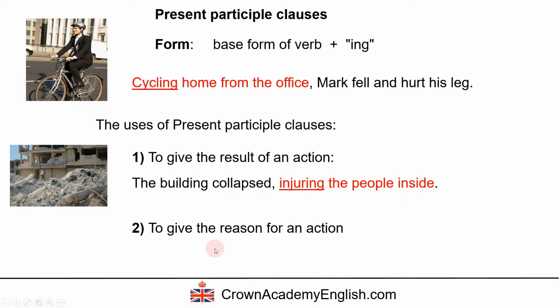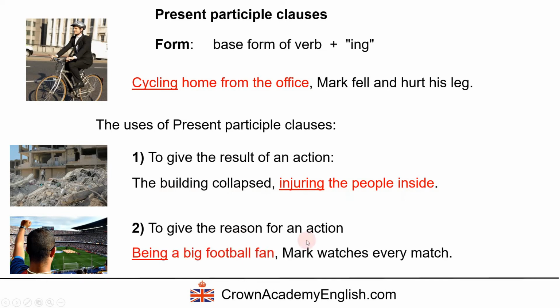Number 2, to give the reason for an action, why something happened. Example: being a big football fan, Mark watches every match. So here we have, in fact, the verb be as a present participle. The verb be as a present participle is being.